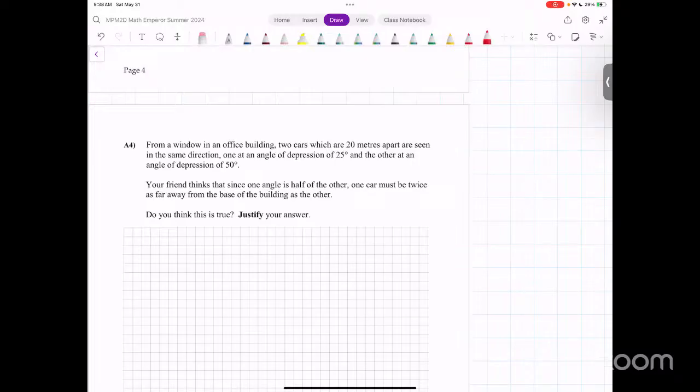Let's see whether Dakshi draws the diagram. So, Dakshi, one of the cars is in the air, the other car is on the ground. Are they talking about flying cars? Look at the way you're drawing the diagram. One car is on the top of the window, the other car is on the bottom of the window.